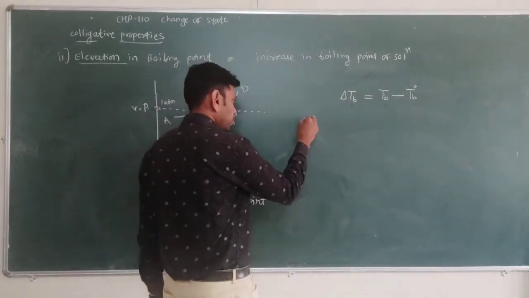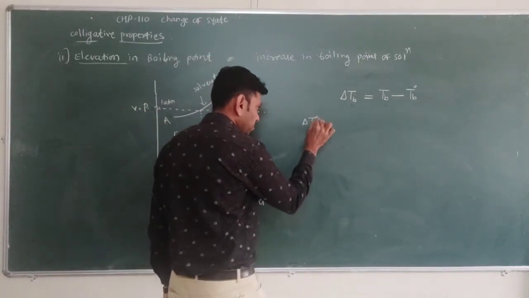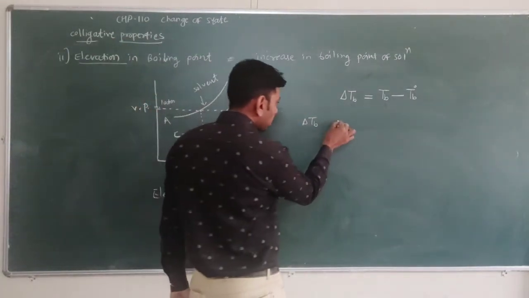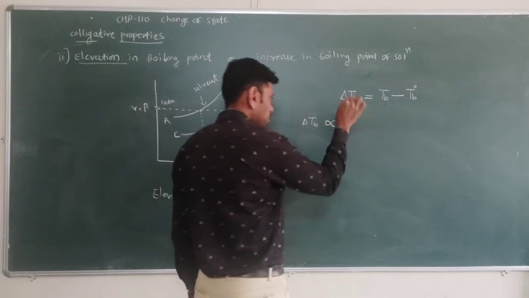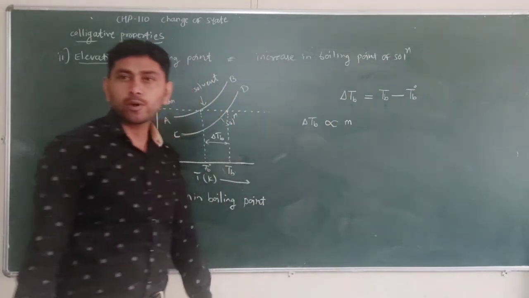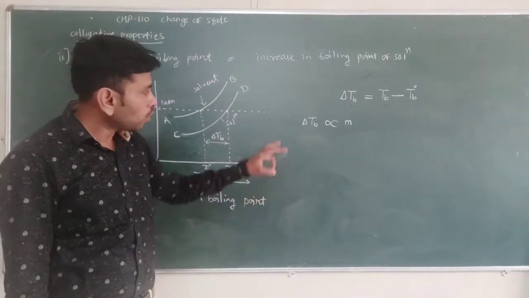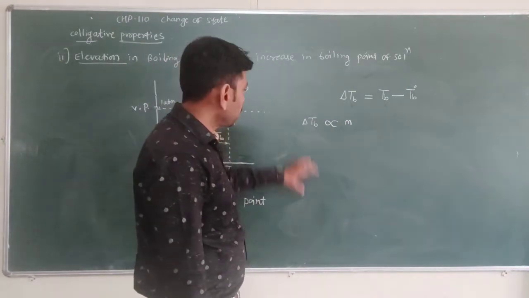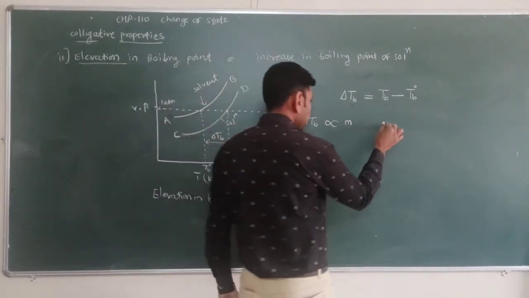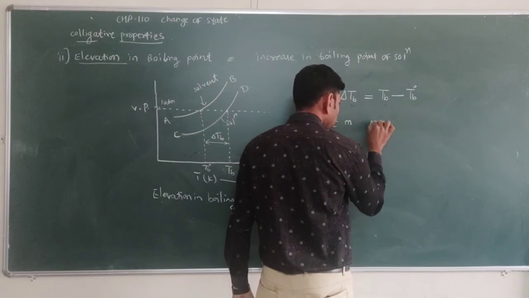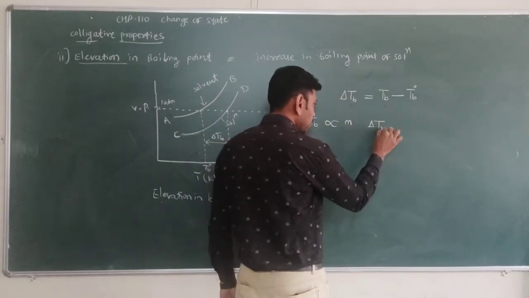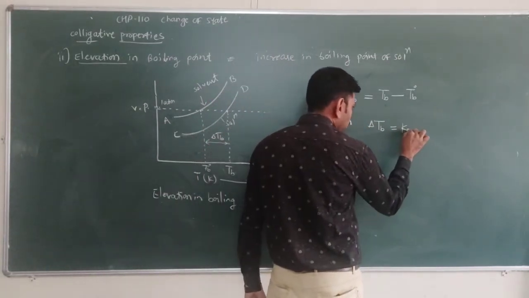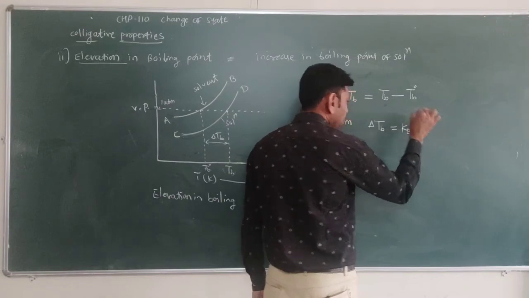From experiment, it is found that the elevation in boiling point is directly proportional to molar concentration, represented by small m. If we remove the proportionality sign, we put a constant Kb here: delta Tb equals Kb into m.